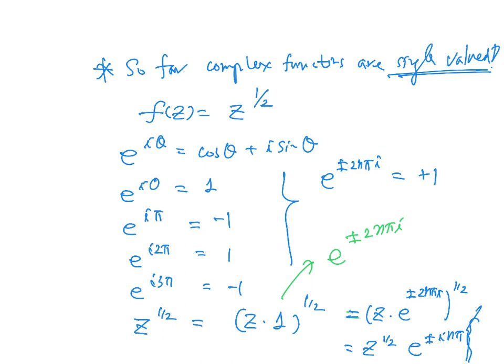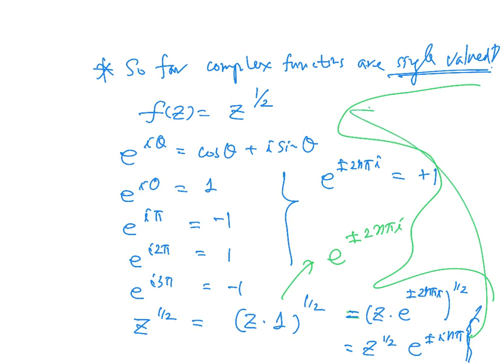So when n is an even number, then z to the half is plus, right?